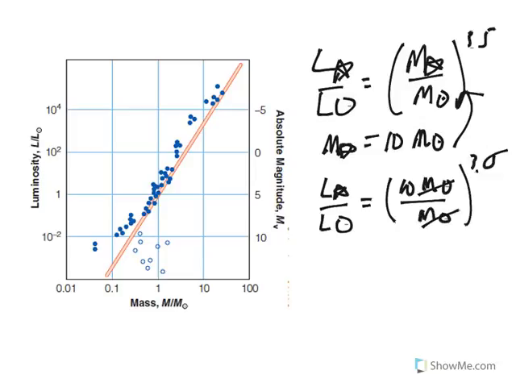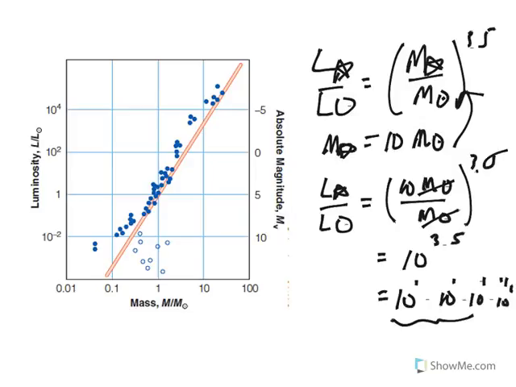The letters cancel out, and we're left with 10 to the 3.5 power, which is the same thing as 10 to the first power times 10 to the first power times 10 to the first power times 10 to the half power.